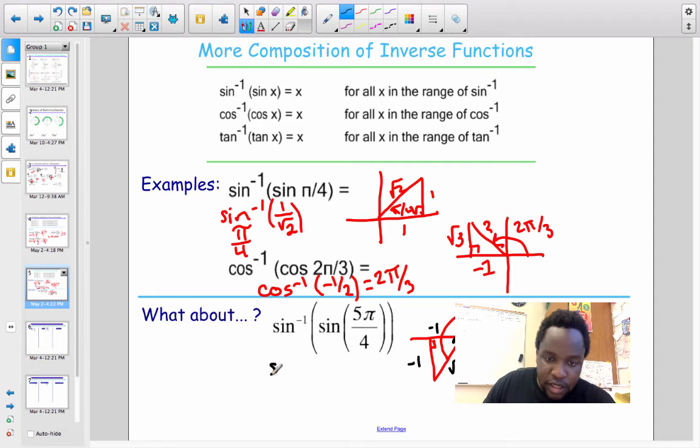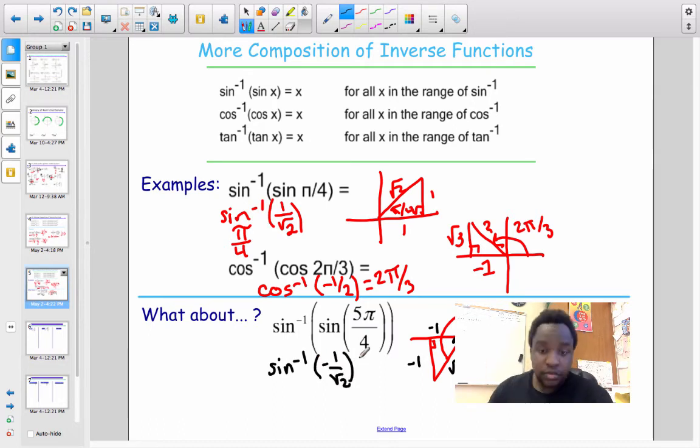So inverse sine of negative 1 over root 2. Now, with negative 1 over root 2, we want to know the angle when the ratio of the opposite over the hypotenuse is negative 1 over root 2.